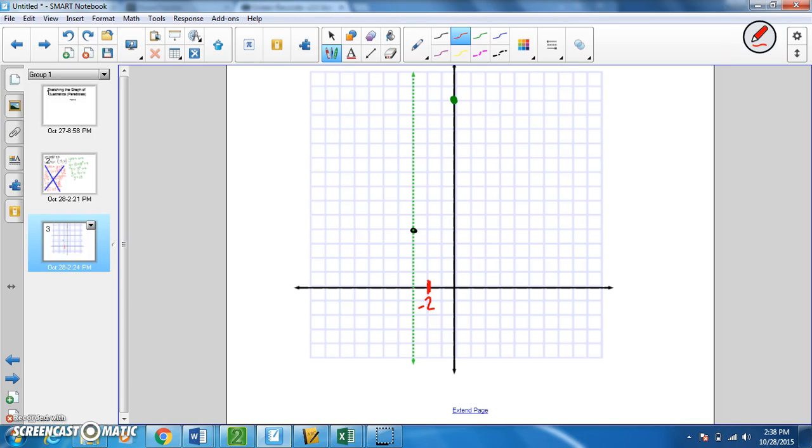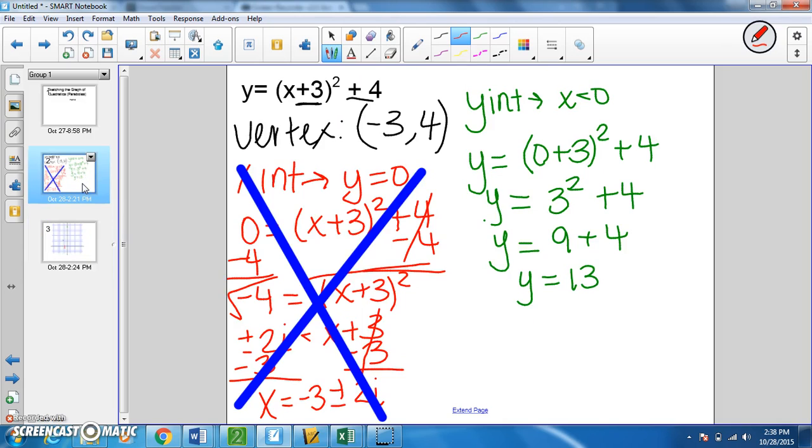we then can plug -2 into our equation. So I have x is equal to -2. We want to know what y is equal to find our point. So I plug it in. Y is equal to (-2 plus 3) squared plus 4.